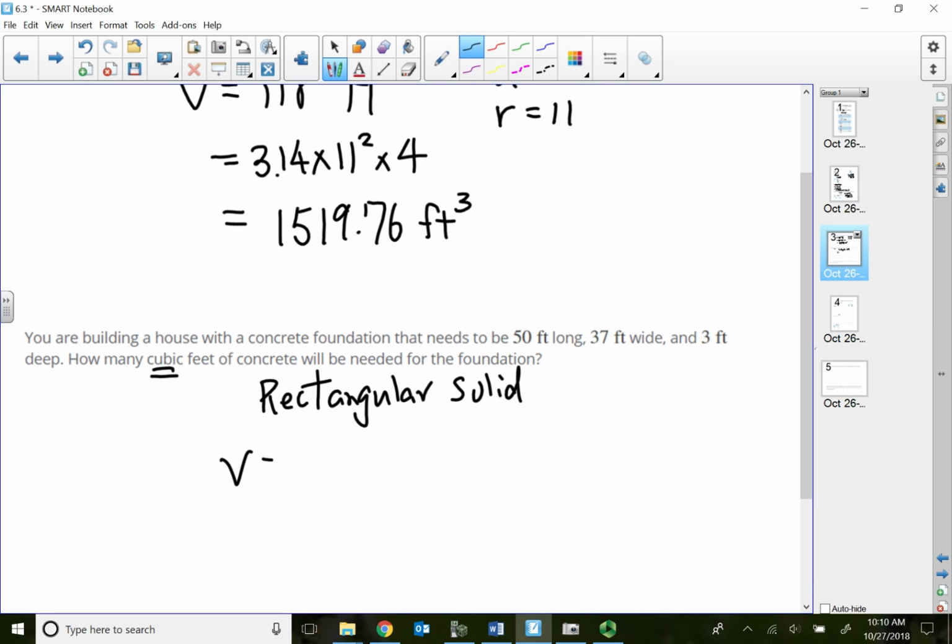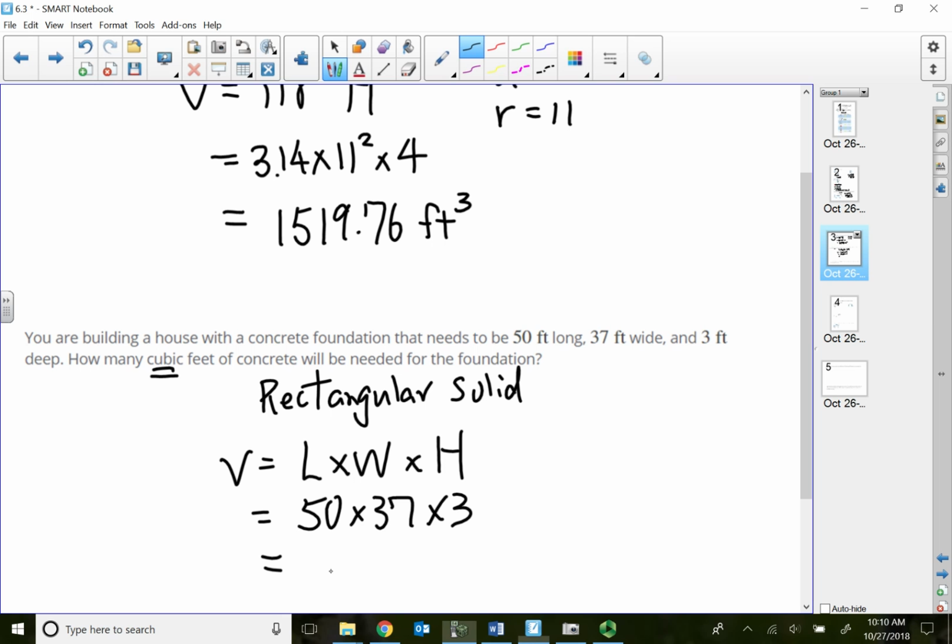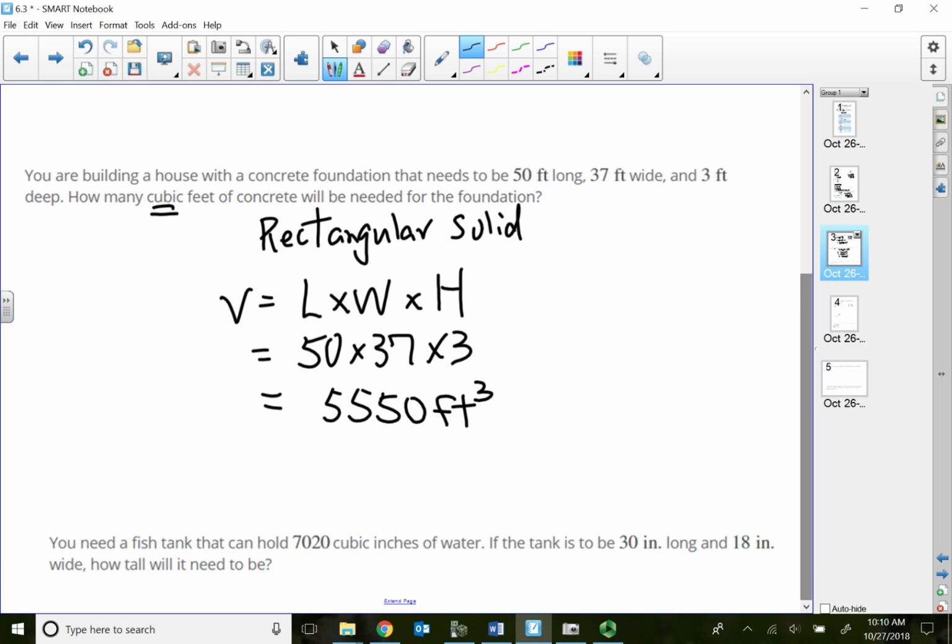The volume must be length times width, which is the area of the base, then times the height. So real easy: 50 times 37 times 3 feet deep. That gives me 5,550 cubic feet worth of volume.